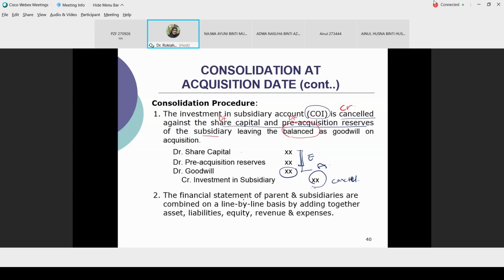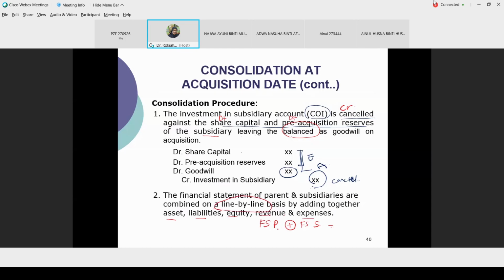The financial statements of parent and subsidiary are combined on a line-by-line basis by adding together assets, liabilities, equity, revenue, and expenses. So remember that you have a financial statement for the parent and also a financial statement for the subsidiary. Once you become a group, you're going to add all the elements in the financial statements of the parent together with the financial statements of the subsidiary, including assets, liabilities, equity, revenue, and expenses. Just add line by line.